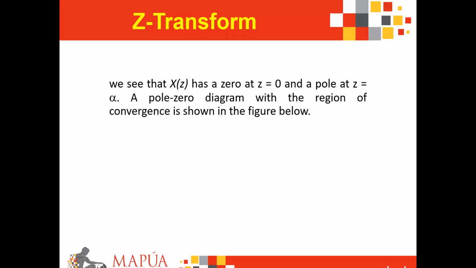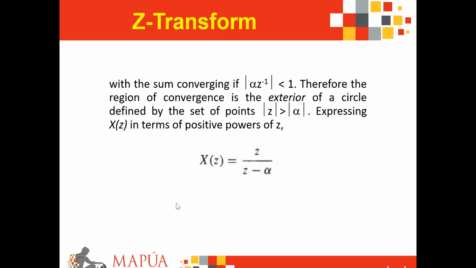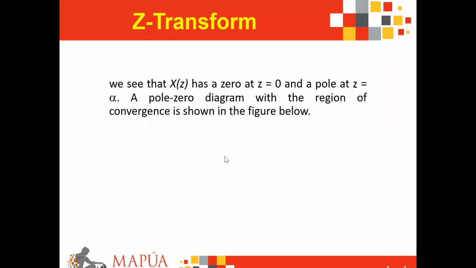So again, if that is your Z transform, you will notice that pagka ito yung Z transform mo, ang pole mo would be alpha equal to Z at yung zero mo would be Z equal to 0. So hence, ayun yun ano. If Z is equal to 0, yun yung 0. If Z is equal to alpha, yun yung pole kasi nagiging infinite no.